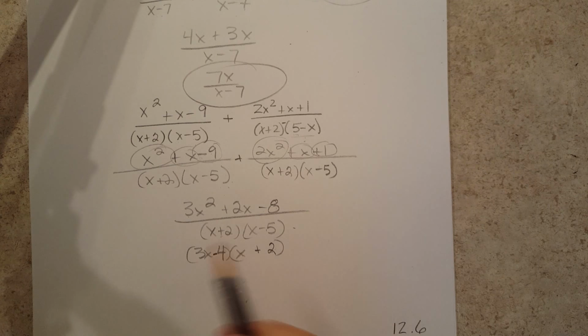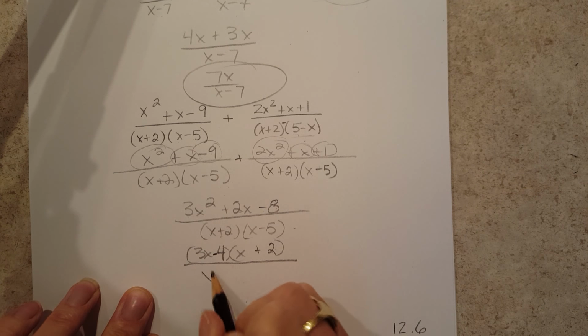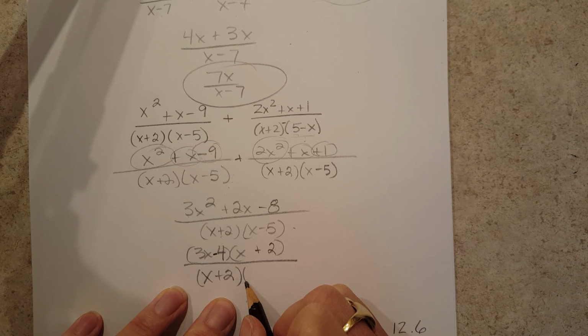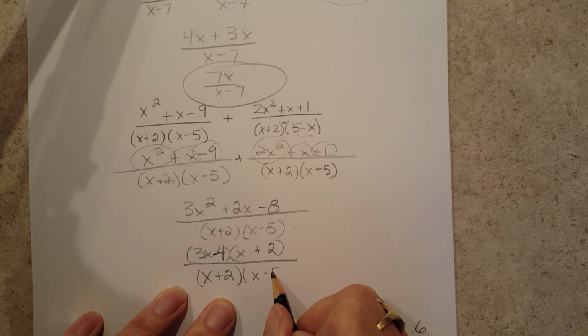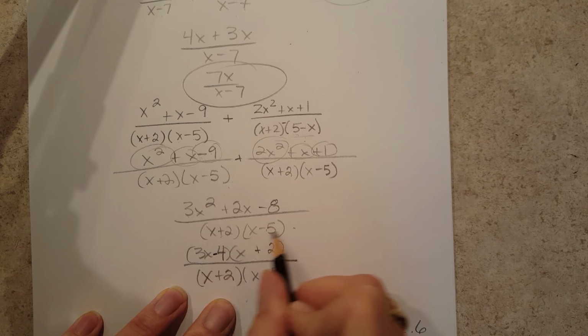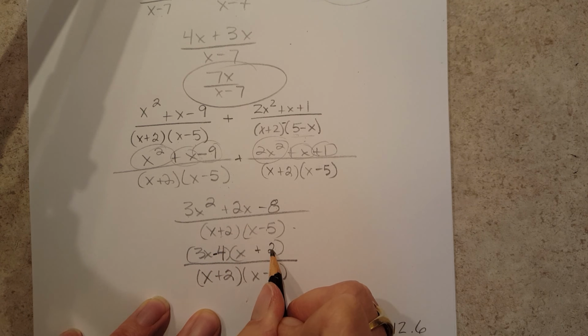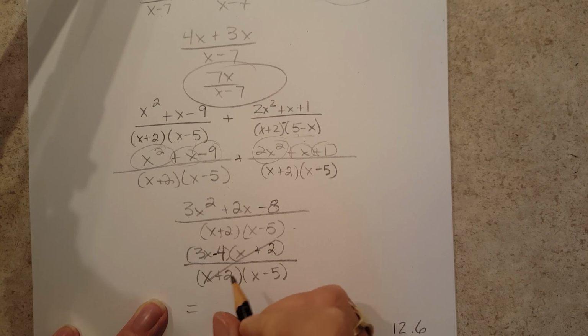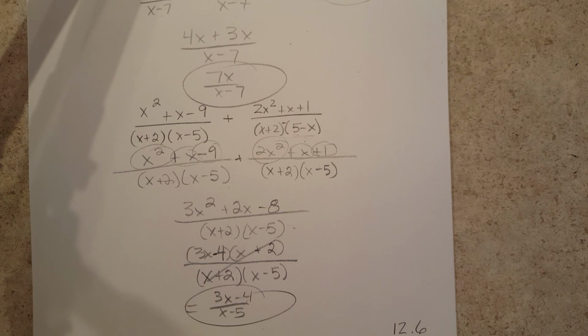So indeed, we could factor that one out. And look, what you need to see is when you can factor it out, obviously the book wants you to be able to cancel. So, that's what you're going to probably guess, that you're going to end up with one of these. So that helps to know this. This one and this one are 1 and cancel. So you are left with 3x minus 4 over x minus 5. And that'd be your answer.